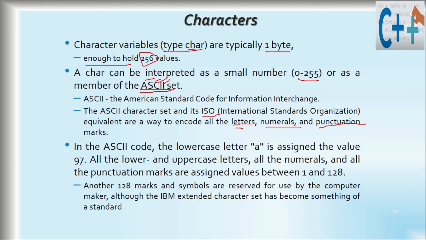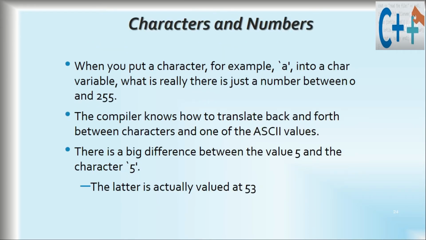In the ASCII code, the lowercase letter a is assigned the value 97, and all the lower and upper case letters have their own numeric value. All the punctuation marks are also assigned values between 1 and 128. Another 128 markers and symbols are reserved for use by the computer makers. Also, the IBM extended character set has become something of a standard.